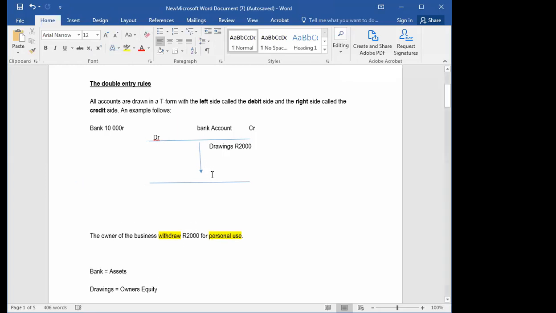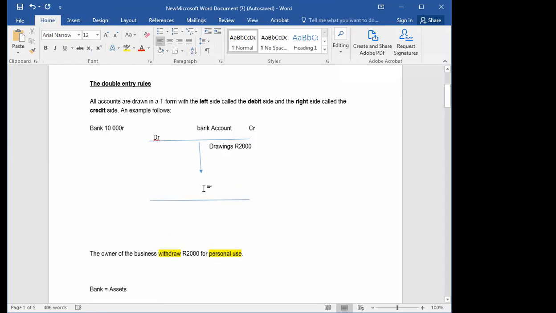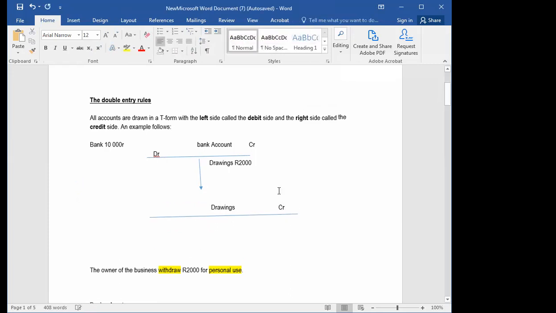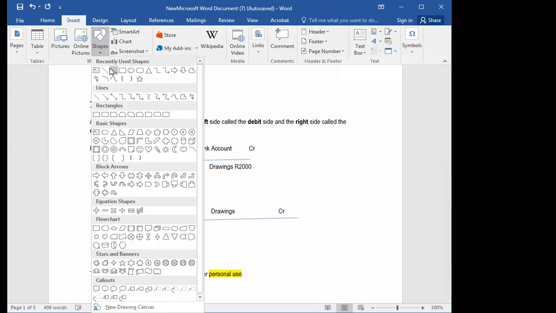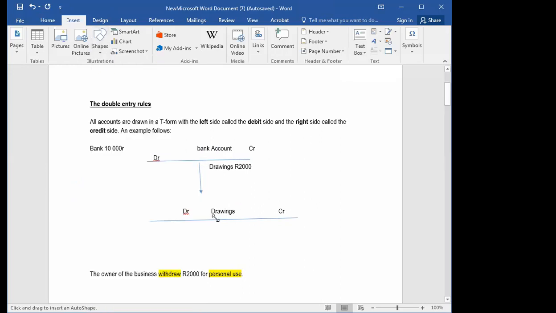Successfully drawn. Okay. These are the drawings. Right. And then from our right hand side, we've got what? A credit side. From our left hand side, we've got what? A debit side. Okay.